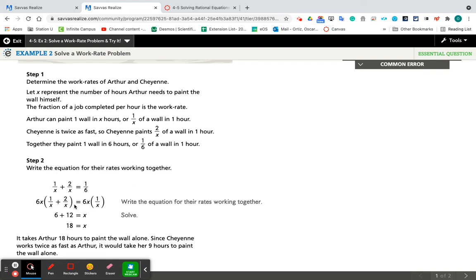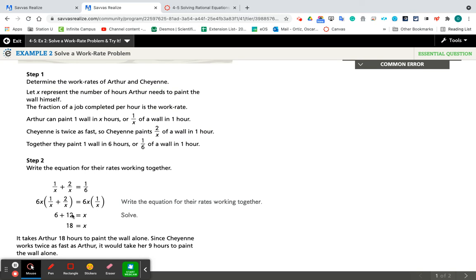We solve it by multiplying by the least common multiple of 6 and x, which is 6x. We want to eliminate the denominators. Notice here we use the distributive property, so 6x times 1 over x is 6, and 6x times 2 over x is 12. Notice how the x's, provided it is not 0, which of course it is not going to be, cancel out.